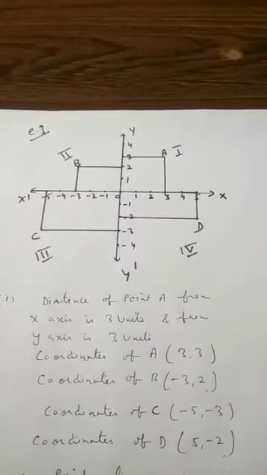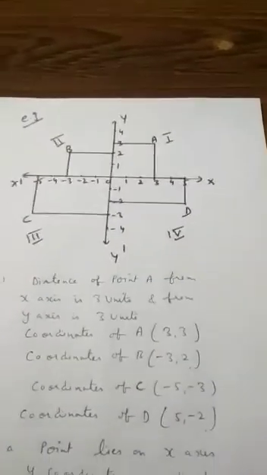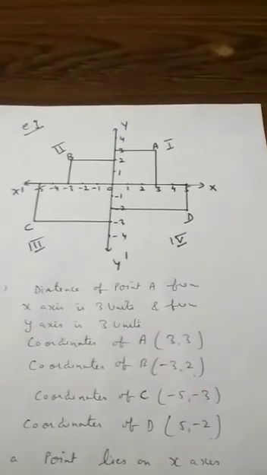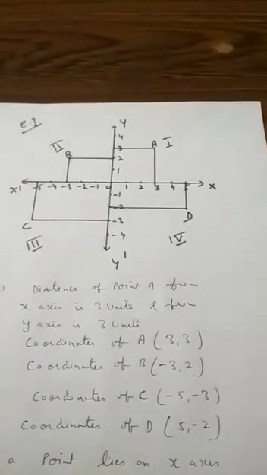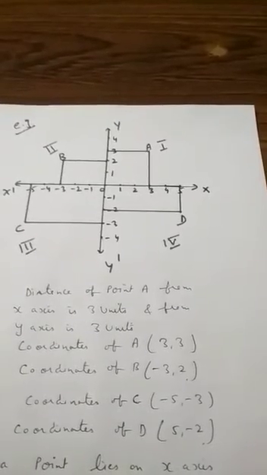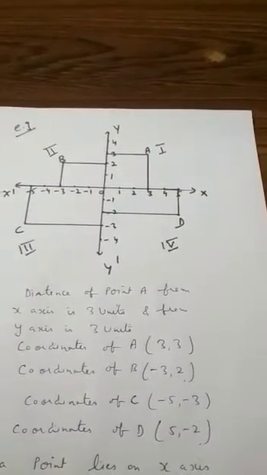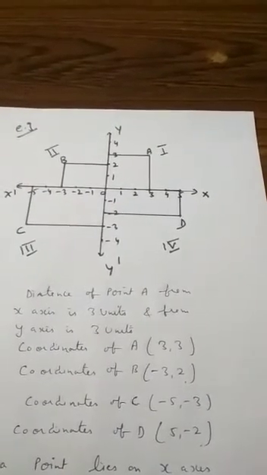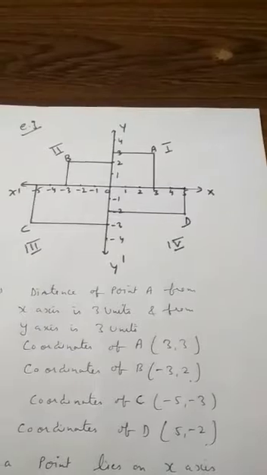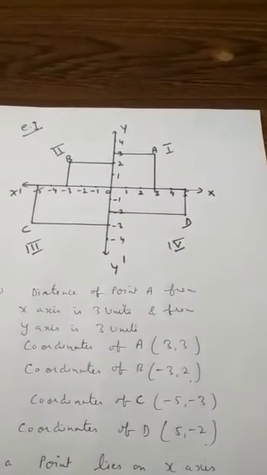In the first quadrant, abscissa and ordinate both are positive. If you see B, the perpendicular distance of B from the y-axis is -3 and from the x-axis it is 2 units. So what are the coordinates of B? (-3, 2).